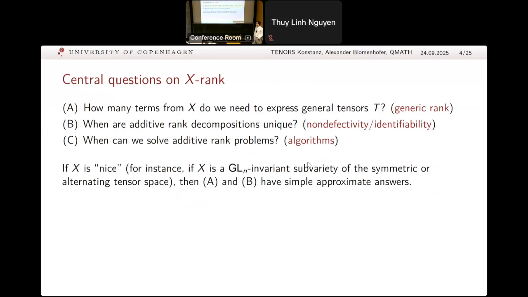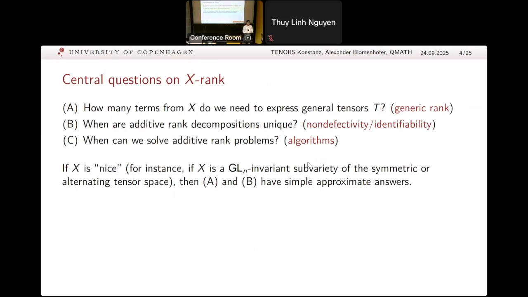So the generic rank question basically asks if somebody gives you a general tensor, then how many elements from X do you need to represent it? If you can choose freely from X, how many do you need to represent it?